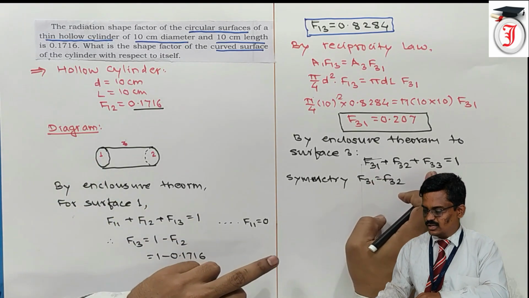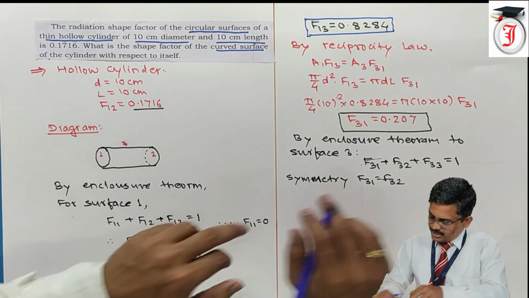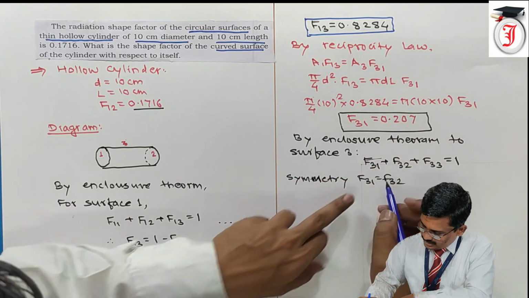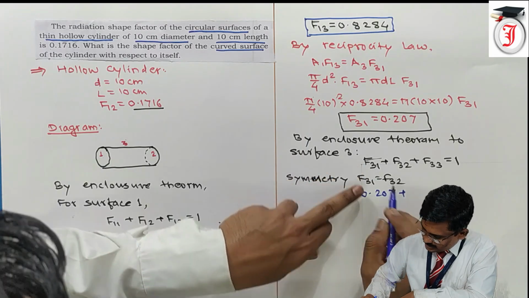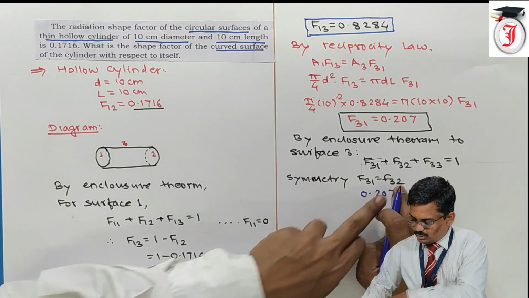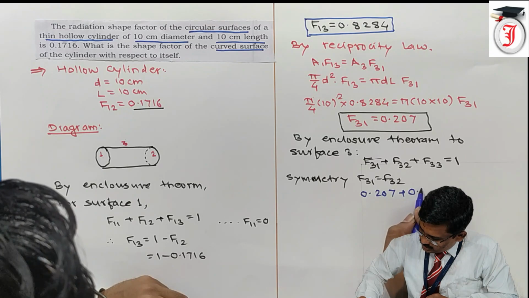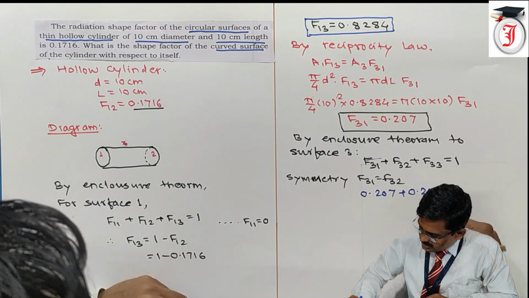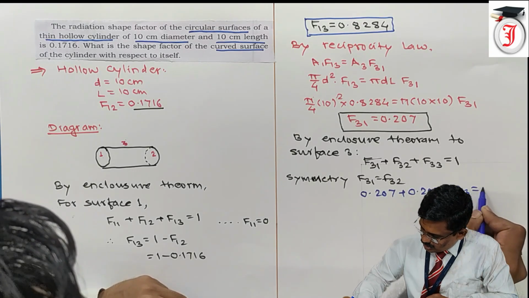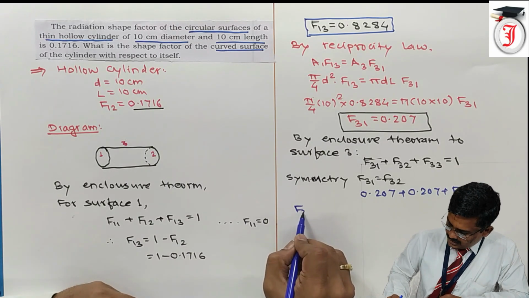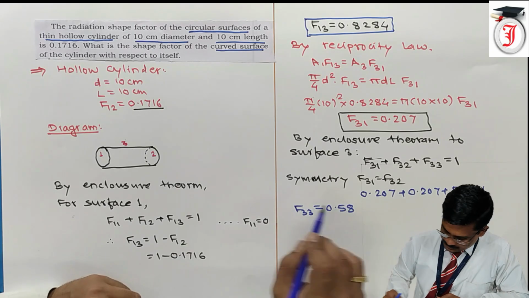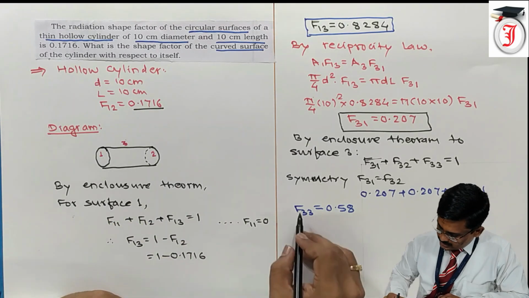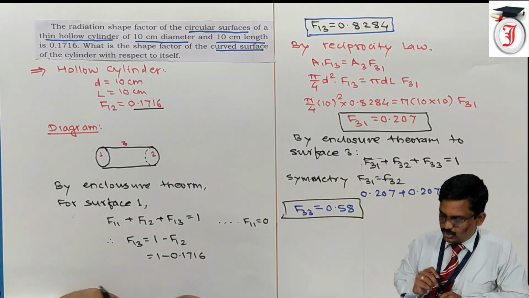So putting the values, we get 0.207 plus 0.207 plus F33 is equal to 1, and from this we get F33 is equal to 0.58, the shape factor of surface 3 with respect to itself.